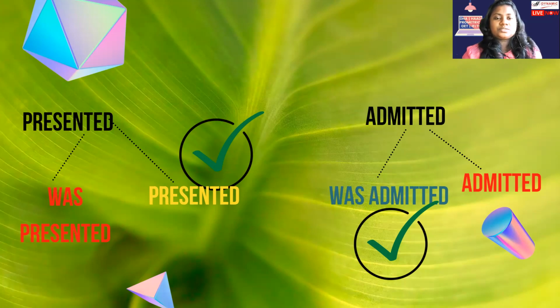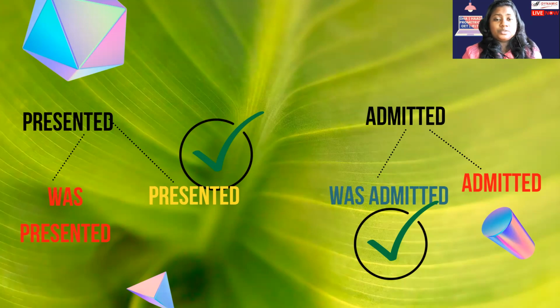After that, health professionals also come into the picture. When they first come to hospital, they are alone, so it is in active voice. The patient himself or herself came. So it is not "was presented", it is "presented". He presented to hospital, she presented to hospital. That is the difference.